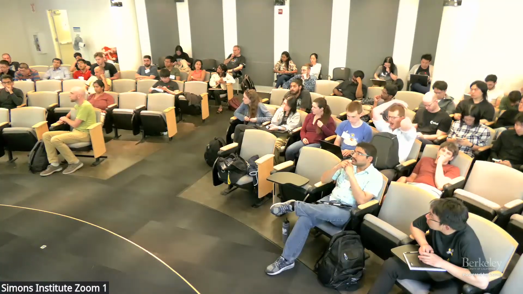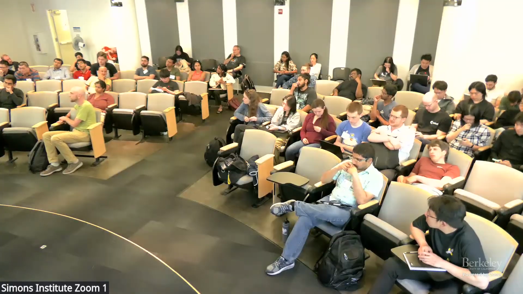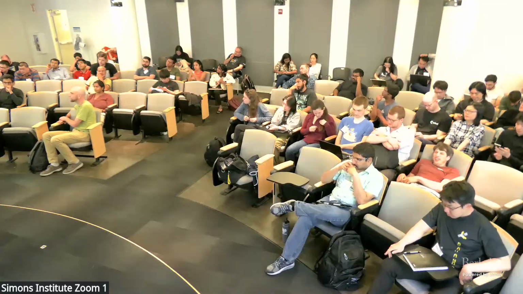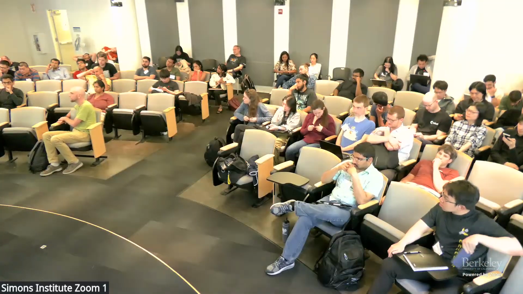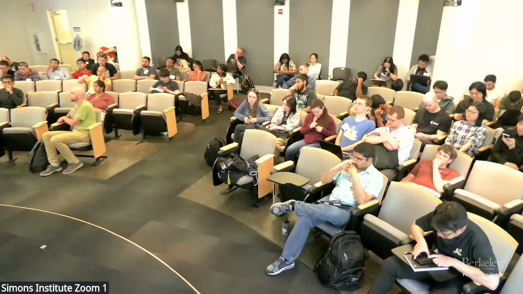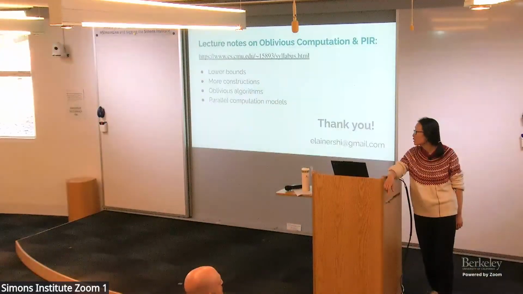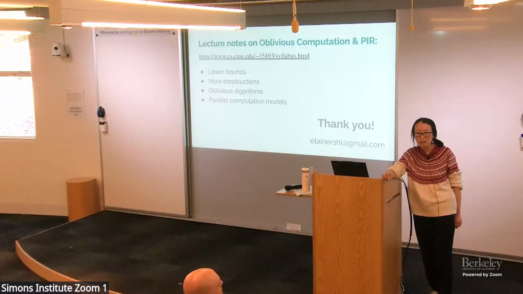I guess it's also not too clear. For two servers, there's the Gobbled RAM solution, and there's also two-server PIR. The two-server PIR is asymptotically worse because the compute, I think, is square root n. By the way, Gobbled RAM is kind of optimal. If your block size is big enough, it has a single log n.